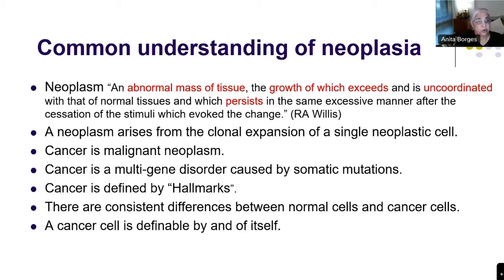Then we know, at least we believe, that a neoplasm arises from the clonal expansion of a single neoplastic cell. So we talk about one cell and all its progeny that expand by division, otherwise you cannot get growth, and you will get a progeny of this single neoplastic cell, which then forms the neoplasm, right?